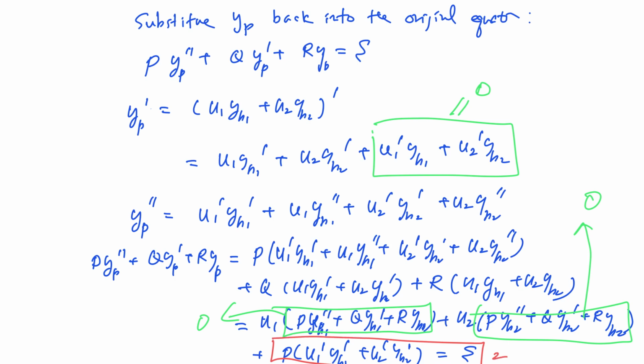We have a second constraint too. So we have a condition for u1 prime and u2 prime.